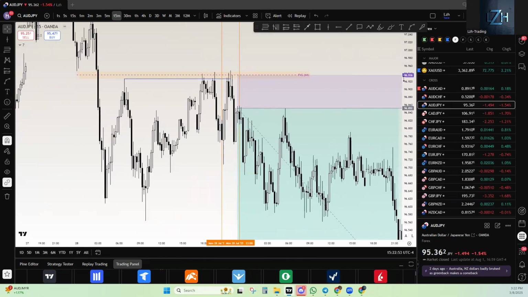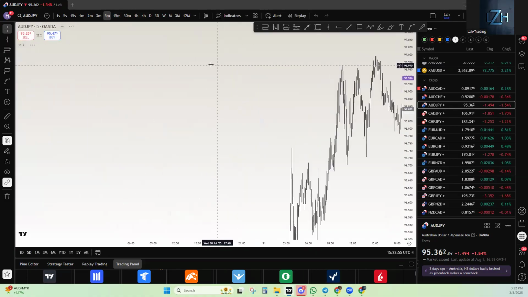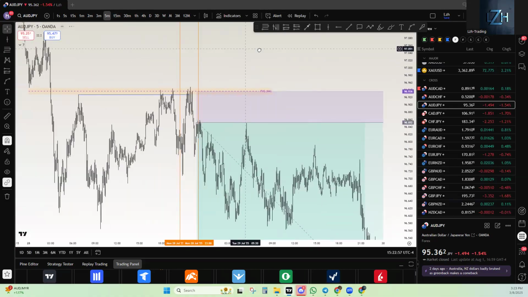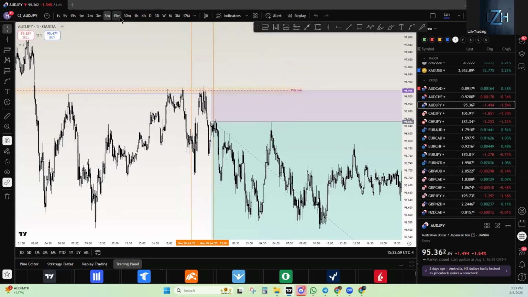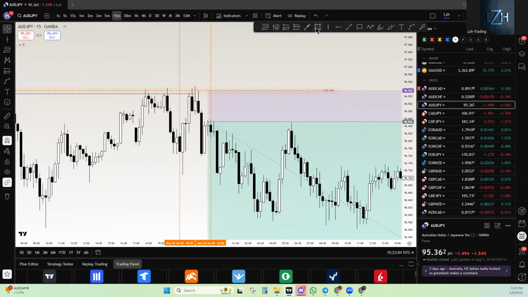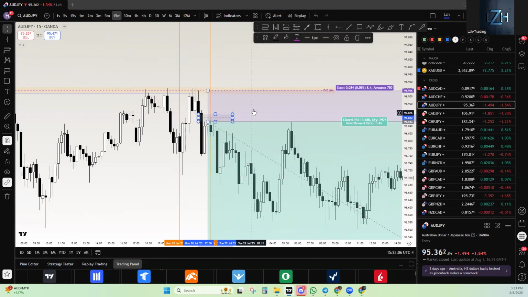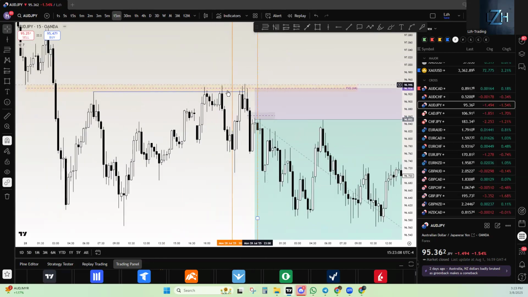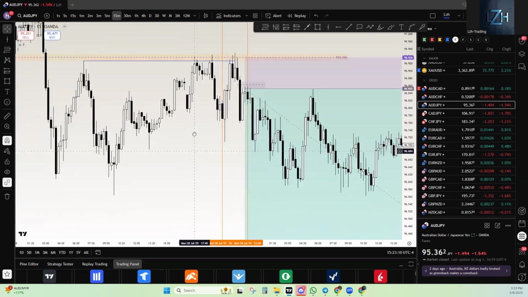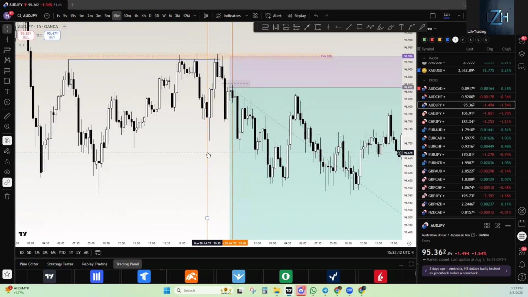So a tiny little window here, 2.5 hours for you to find an entry. If it's out of the window, skip it. 50 minutes wise, we have a fair value, fail to break up, and we break down again. So let me remove this first.